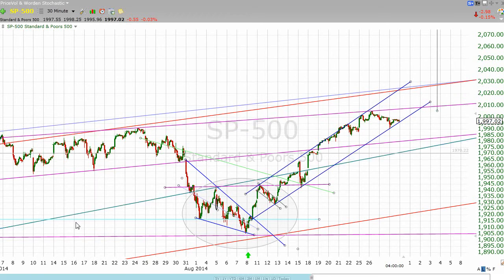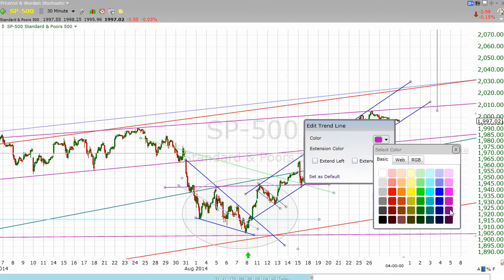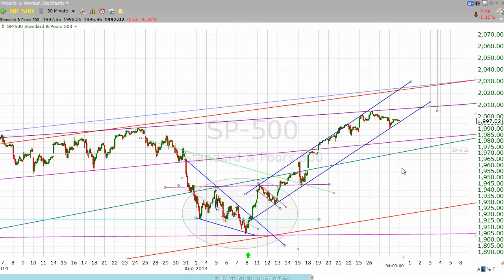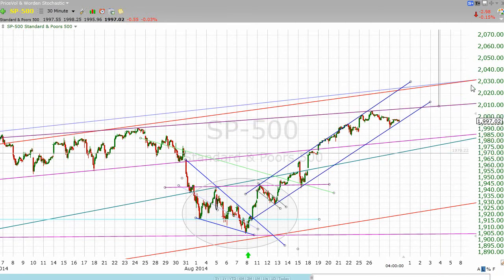So our neckline goes to here. Potential neckline. Tell you what, I'm going to make that darker so it stands out a little bit. So what we could end up with, if things keep moving the way I think they will, is left shoulder, head, right shoulder, and then a potential move to challenge 2100.